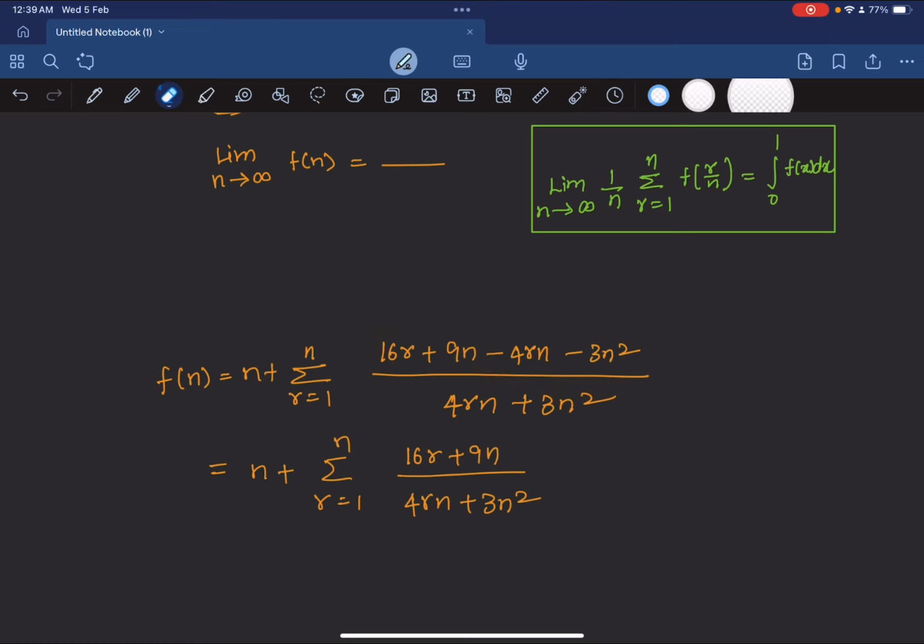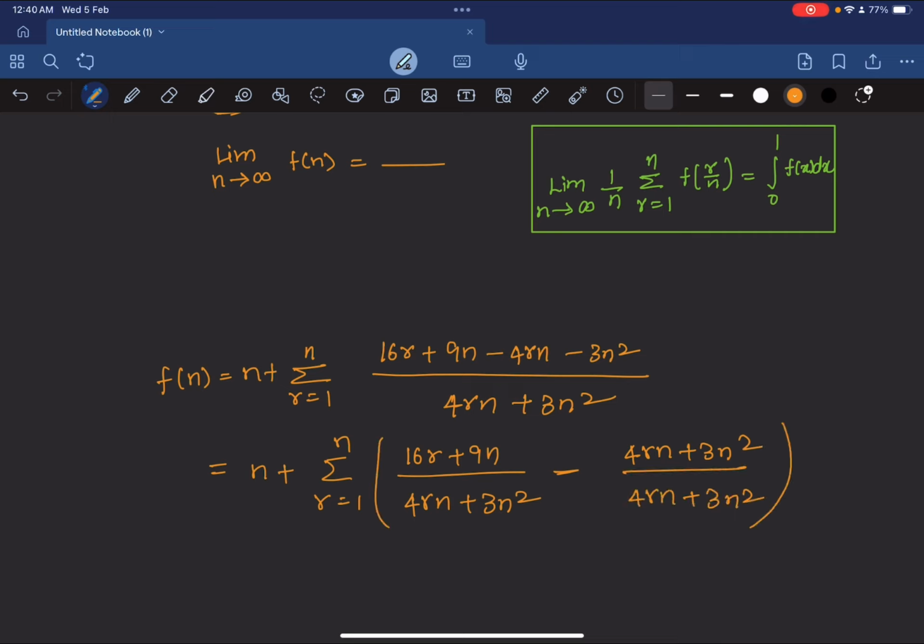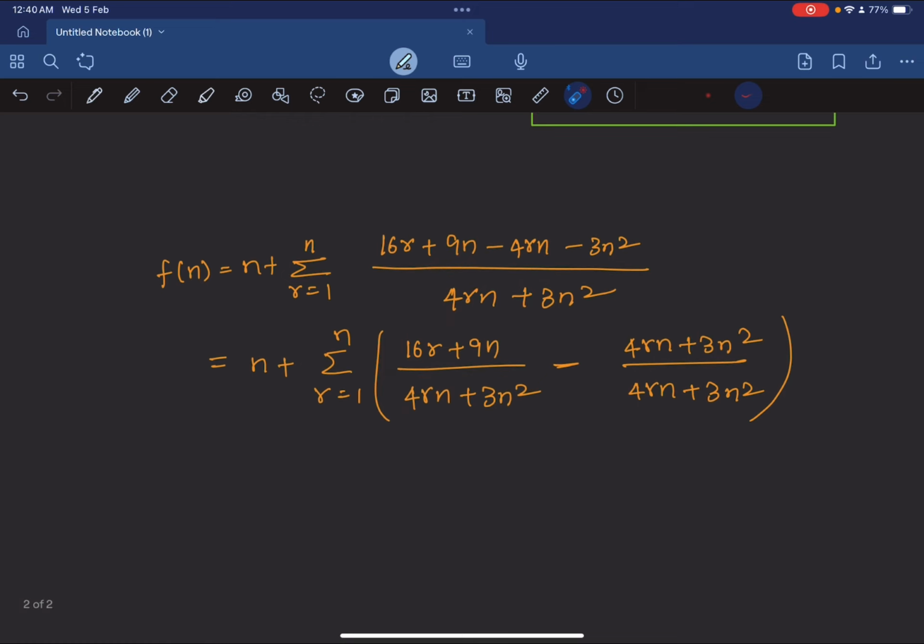Okay, now this will be simply minus (4rn plus 3n square) by (4rn plus 3n square). So everything is under sigma. I have separated these two terms and these terms and written it here. All right, so now this portion is simply 1. All right, so we'll just replace this with 1.